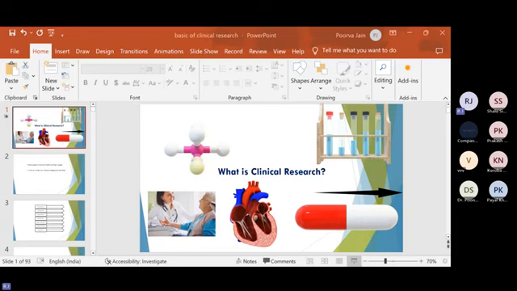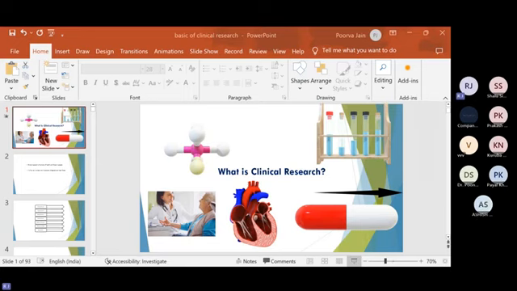Now, how do we determine that a particular treatment, medication, device, diagnostic procedure, or surgical procedure is safe and effective? In the next slides, we'll try to understand the proper method to determine the safety and efficacy of these.